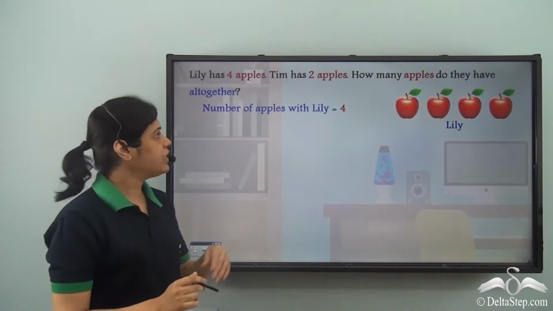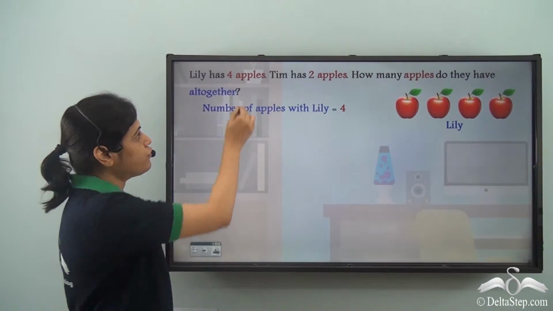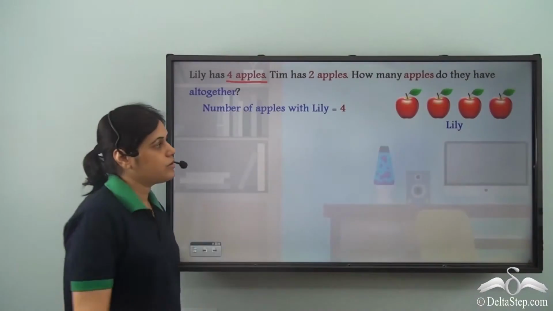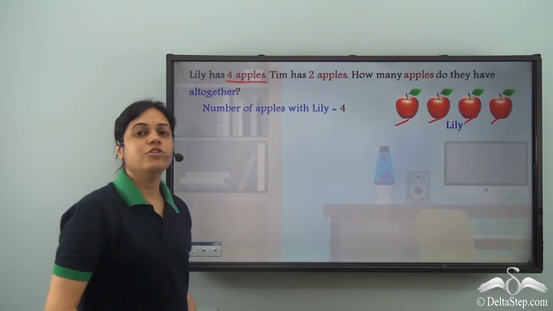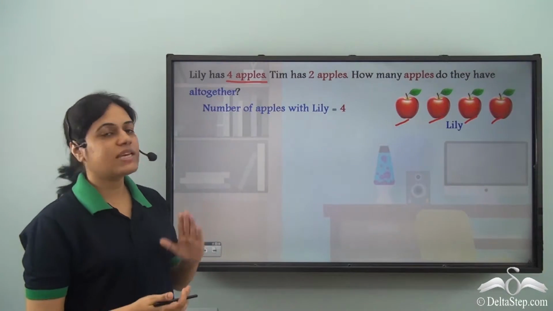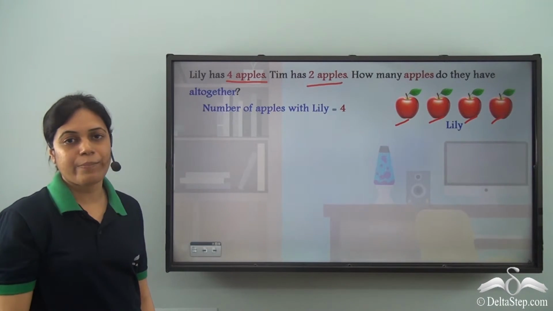So firstly, number of apples with Lily is equal to 4. This is what is given here. 1, 2, 3, 4. So Lily has 4 apples. What's given next? Next is Tim has 2 apples.